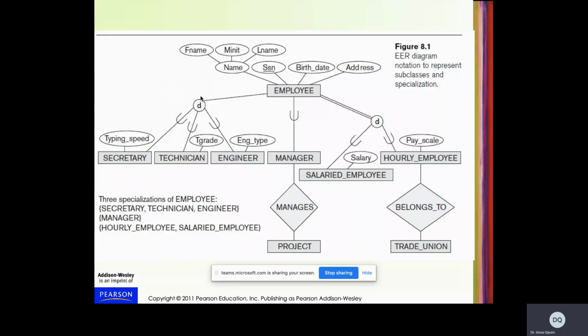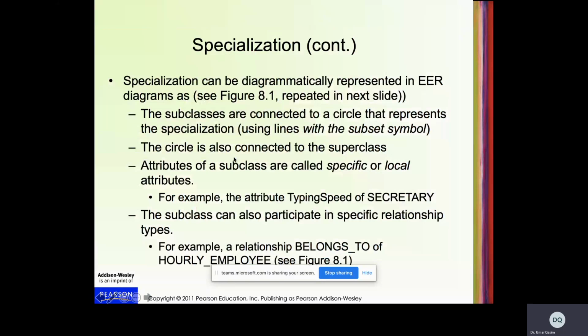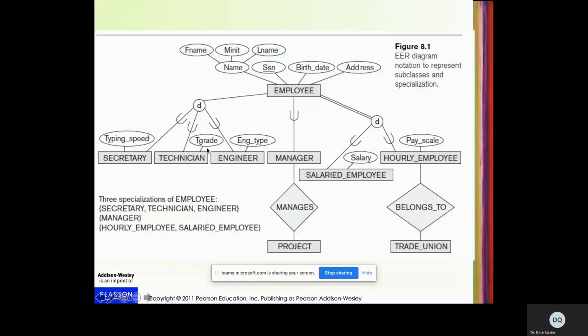So this circle is showing the specialization. This circle is connected to the superclass, it is connected to the subclasses, and then this subset symbol is there.